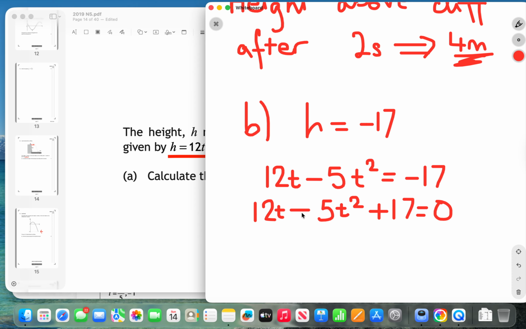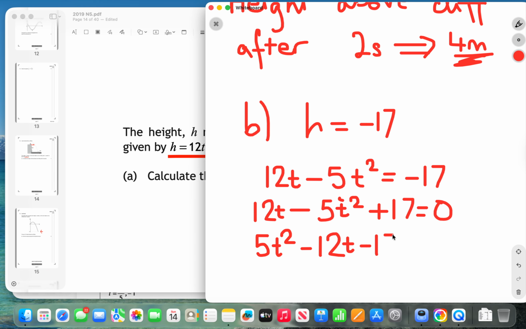So we will do 12t minus 5t squared plus 17 equals 0. Now we want there to be a positive coefficient, i.e. a positive number in front of the t squared.